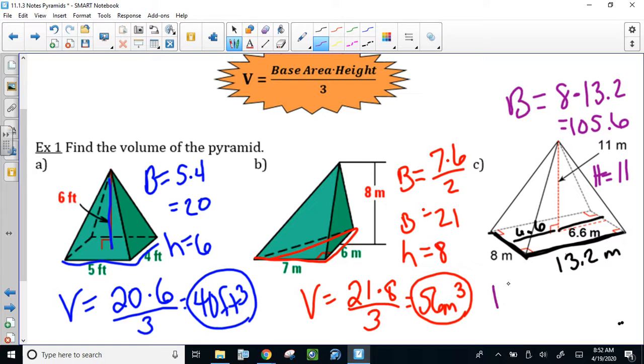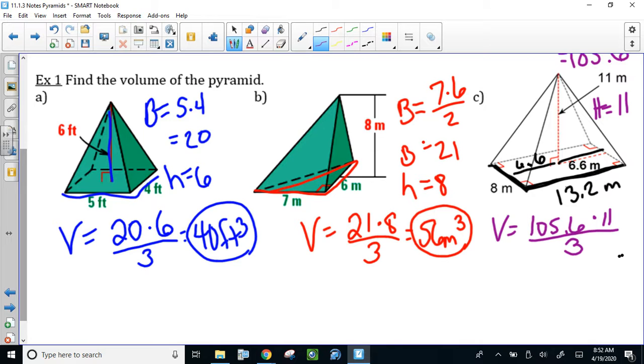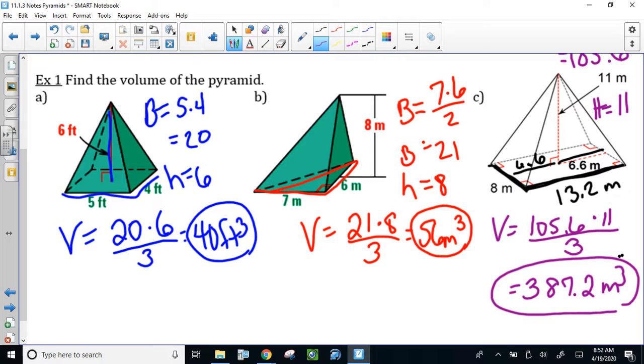So now to find our volume, we're going to do 105.6 times 11 divided by 3, because 3 pyramids fit into the same area as that rectangular prism would be. And that's going to give us, and I just have the final calculation here, 387.2 meters cubed. So that's kind of the short, quick version of it.